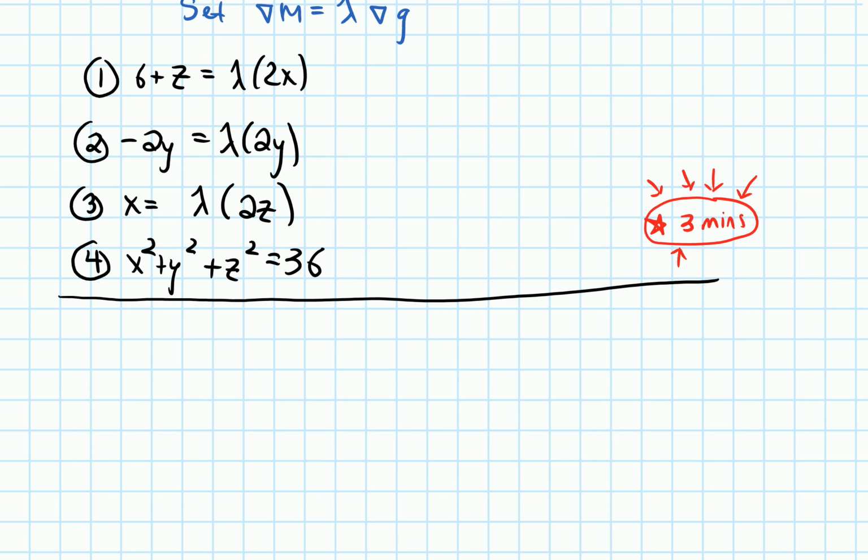So looking at these equations, the equation that looks maybe the easiest to simplify to me is equation 2, because I see y on both sides. So remember, the temptation is to divide both sides by y, but we've talked about that: if you divide both sides by a variable and it cancels like the y would, we might lose an answer.